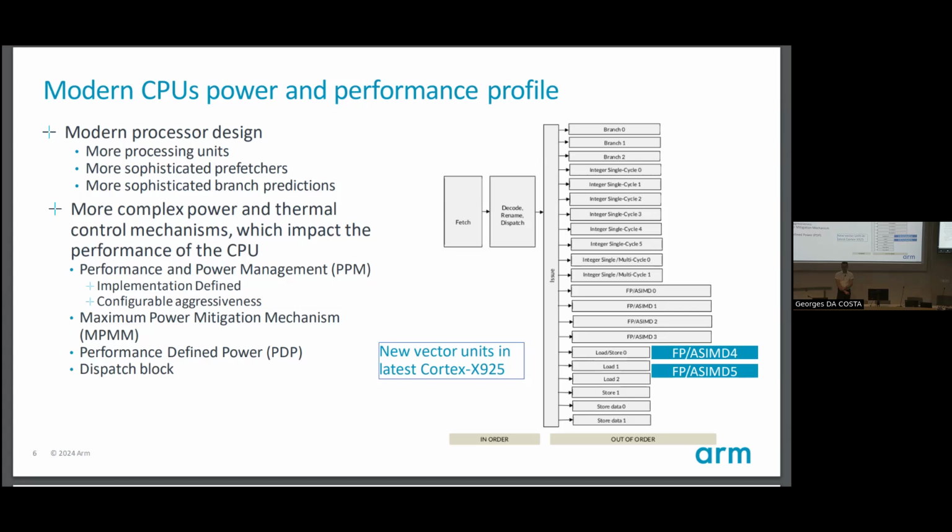So the behavior of that mechanism for preventing something like thermal or power issue on the power rail, those will be implemented probably by the vendor when the final silicon would be designed and manufactured. So those 3 at the bottom, the MPMM, PDP, or dispatch block, those could be implemented differently by a different vendor actually. So configured differently.